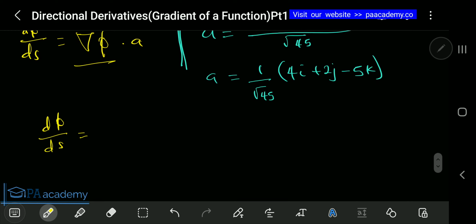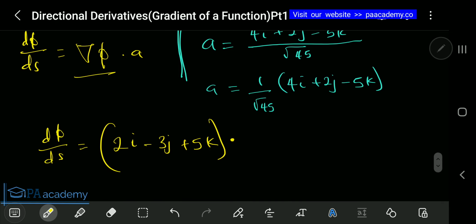So let's write that out, 2i minus 3j plus 5k, in brackets, and the dot product with â, which is 1 over root 45 in brackets 4i plus 2j minus 5k.